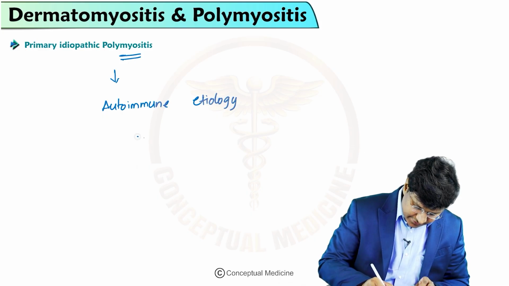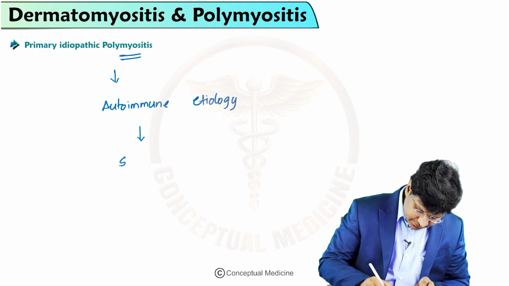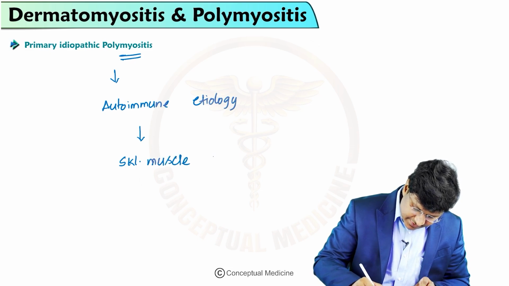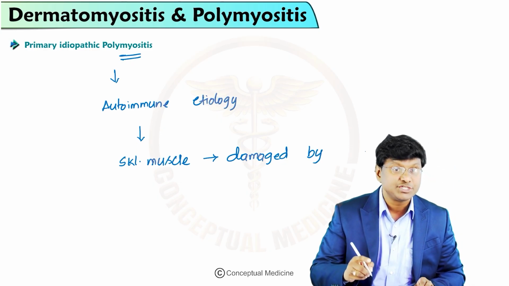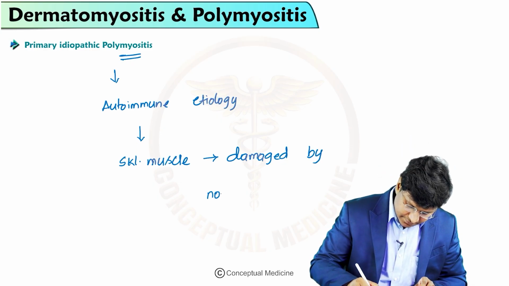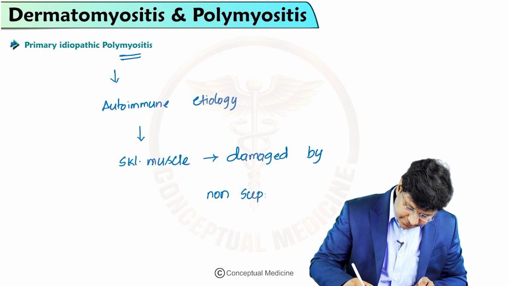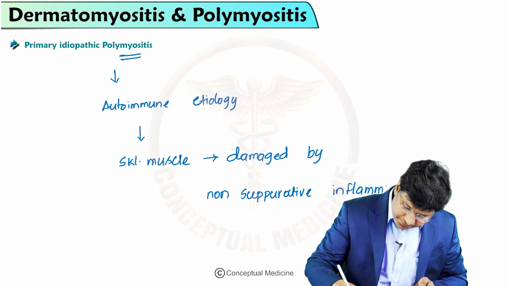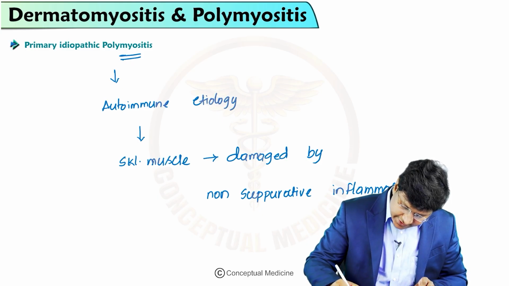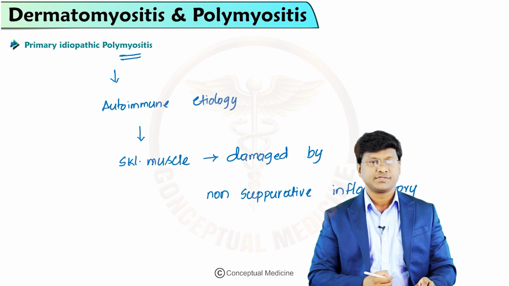Okay, so here skeletal muscle is damaged by a non-suppurative inflammatory process, and that is the etiopathogenesis for the development of polymyositis.